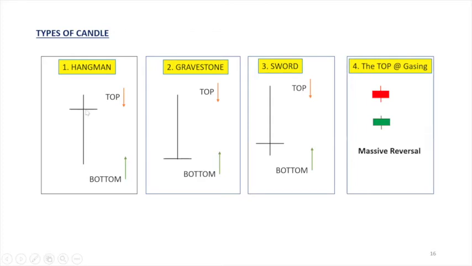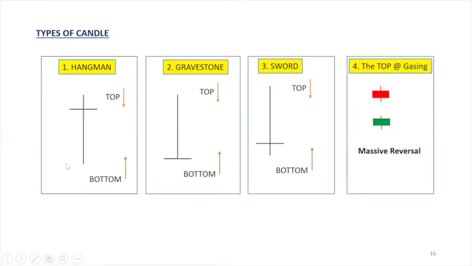It ended up at the same price that it opened. When that happens, it is called a hangman. This formation has a lower shadow longer than the upper shadow, with the opening and closing at the same place.